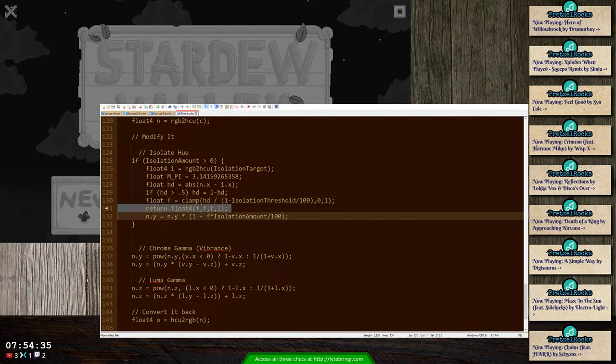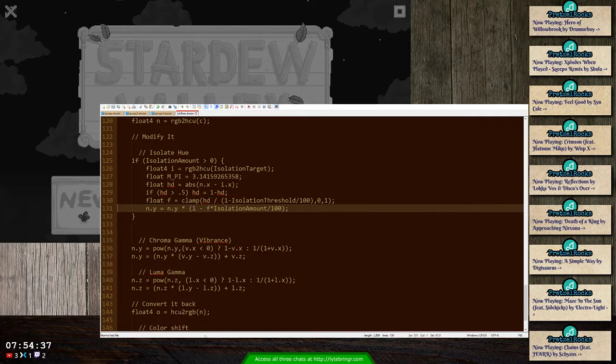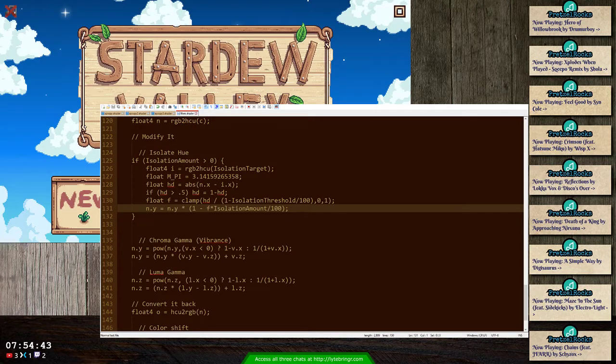Now if we come back in here, take this part off, save it, and then reload the effect. And then we shift the threshold. It gets rid of all of the color except blue. And eventually blue as well. It'll get rid of every color that isn't literally the color we picked.